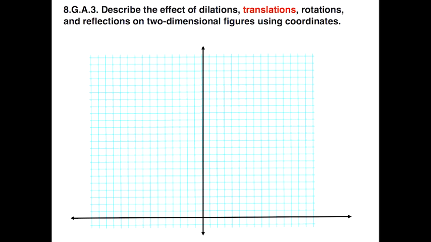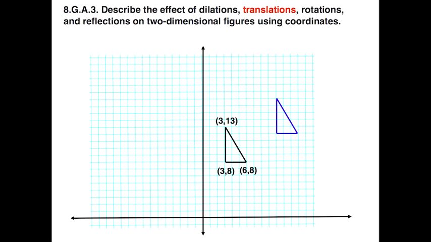So let's start off with translations and see how two-dimensional figures are impacted in the coordinate plane. Let's start with a basic triangle, and there are our coordinates. Let's say we're going to shift it to the right and up.